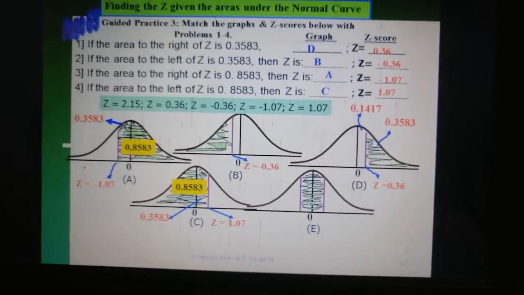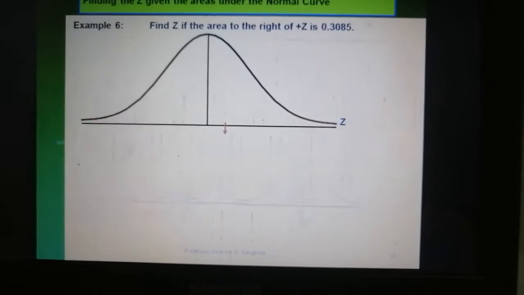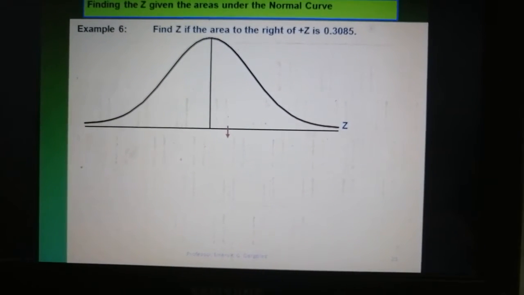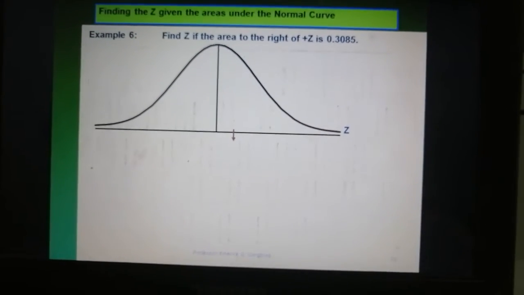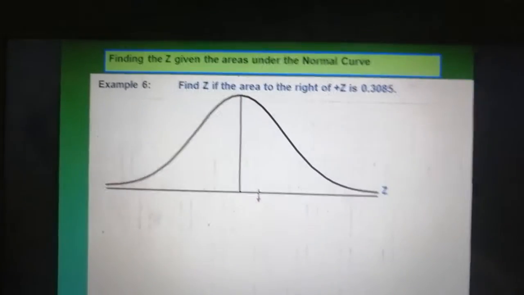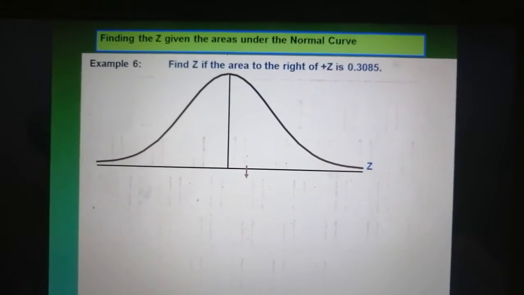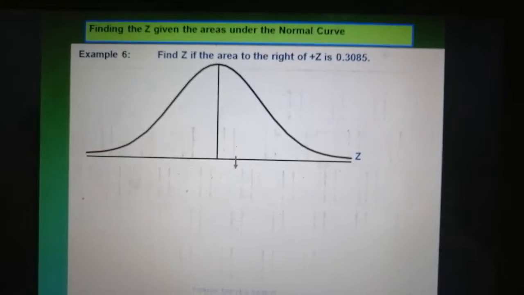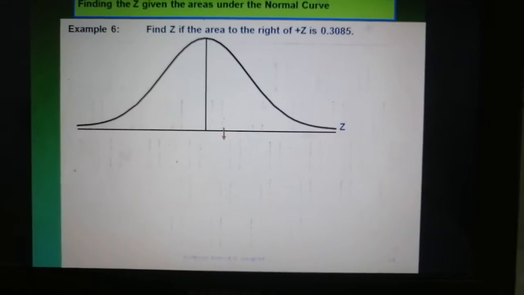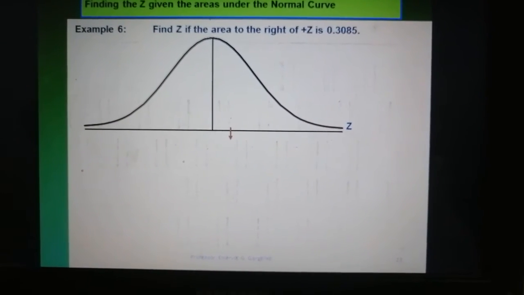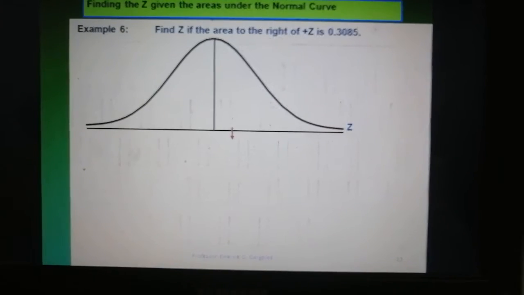Or if you need more examples, then I have here more examples. So for another example, find the area to the right of z, which is 0.3085. In this example, you are not given the graph anymore. You will be the one to sketch the graph.